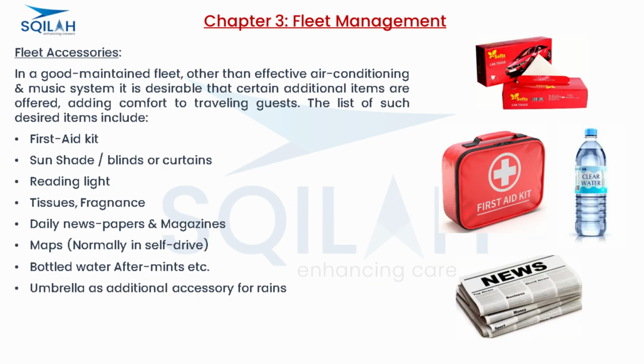Fleet accessories. In a well-maintained fleet, other than effective air conditioning and music system, it is desirable that certain additional items are offered, adding comfort to traveling guests. The list of such desired items includes: first aid kit, sun shade/blinds or curtains, reading light, tissues, fragrances, daily newspapers and magazines, maps (normally in self-drive), bottled water, mints, etc. An umbrella is an additional accessory for rains.